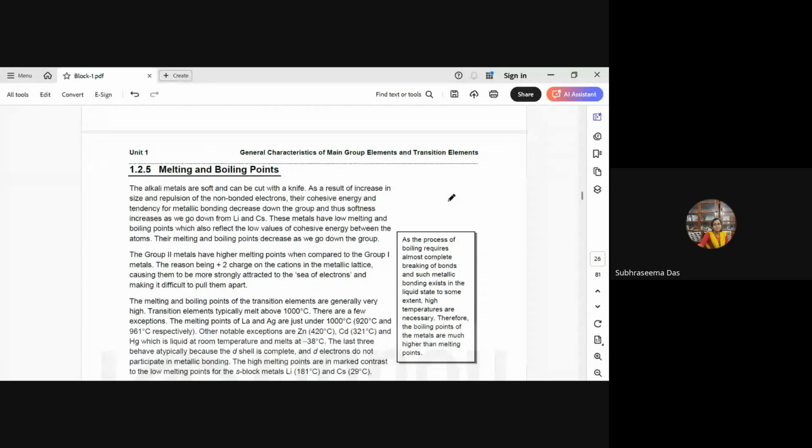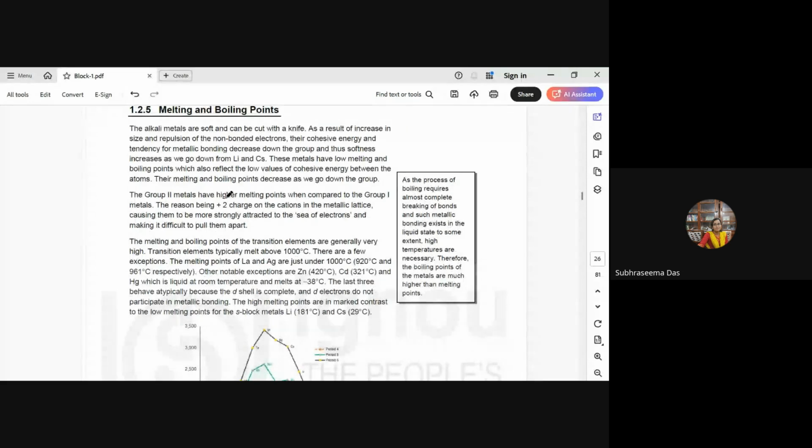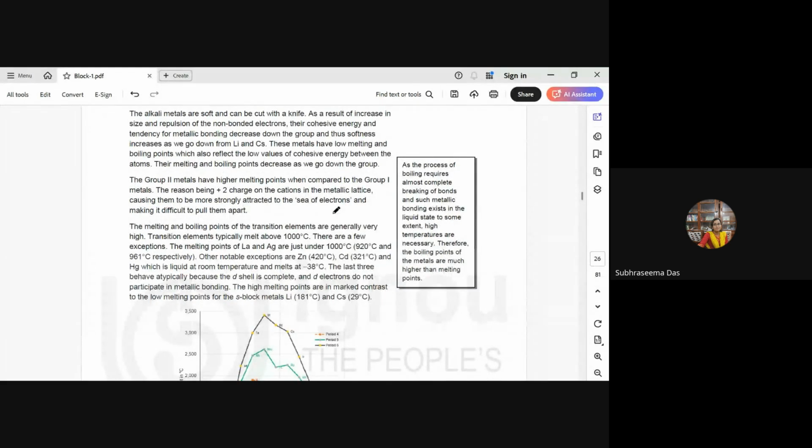These metals have low melting and boiling points. The group 2 metals have higher melting points when we compare them with group 1 metals, because group 2 metals contain dications, that is +2 charge, which causes them to be more strongly attracted to the electrons, making it difficult for them to be separated from one another.